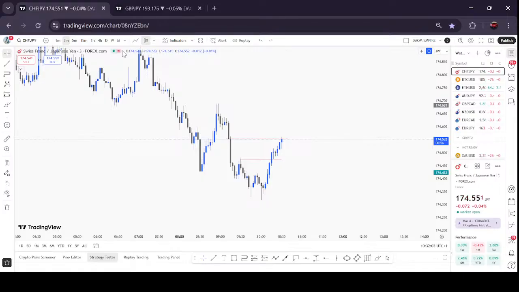Oh, I've forgotten I'm even on a trade on CHFJPY. So at this point I'll enter 0.1 on CHFJPY.